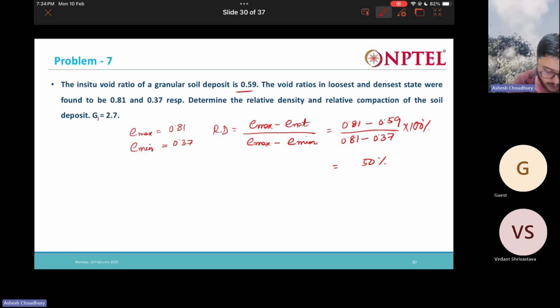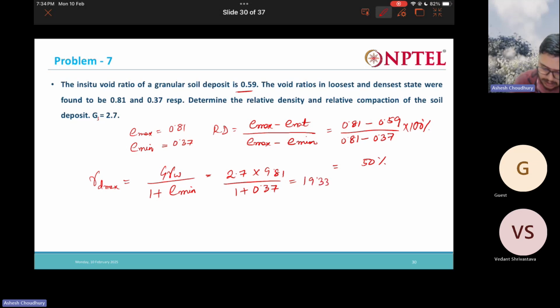Now next we need to find out the relative compaction, right? Relative compaction of the soil. What is the maximum dry density of the soil? G gamma w by 1 plus e min, the densest state. So 2.7 into 9.81 by 1 plus 0.37. So this is coming out as 19.33 kilonewton per meter cube.